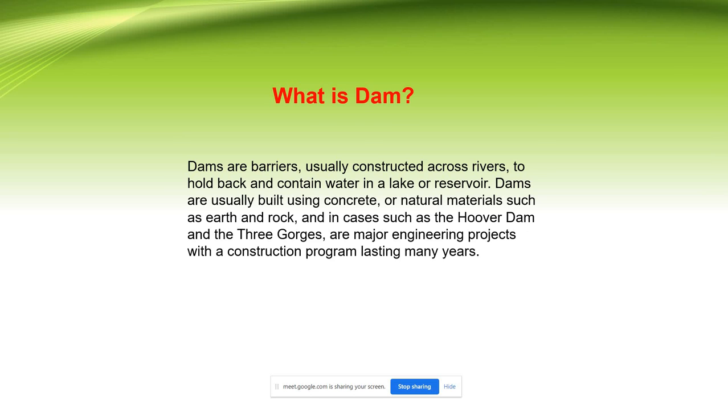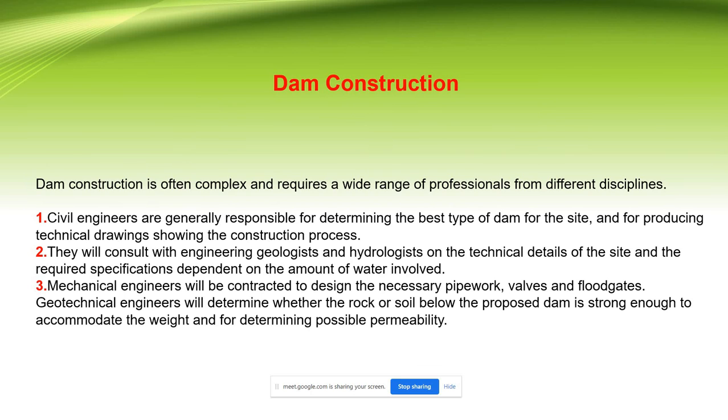The second one is they will gather engineering, geological and hydrologic data on the technical details of the site, and the required specification depends on the scale involved. Mechanical engineers will be contracted to design the necessary pipework, valves and flood gates. Geotechnical engineers will determine whether the rock or soil below the proposed dam is strong enough to accommodate the weight. So in very broad terms, the typical sequence of events for dam construction is as follows.